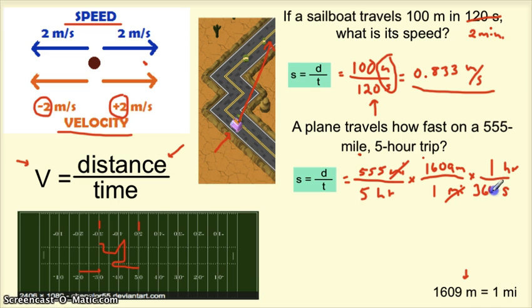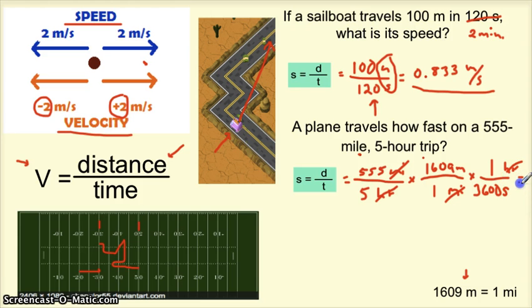Now trust me, if you did not know that, you could have made 1 hour equals 60 minutes, and then on the next line cancel out the minutes to seconds. It would be the same exact total. But I just happen to know that there are 3,600 seconds in 1 hour. So we cancel out the hours, and lo and behold, all that is left are meters and seconds.